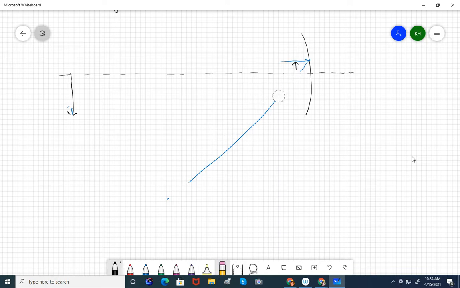But that reflected light, let's draw the image a little bit bigger, because if this was too tall, this would have to be like 60 lines tall. Let's draw it shorter.